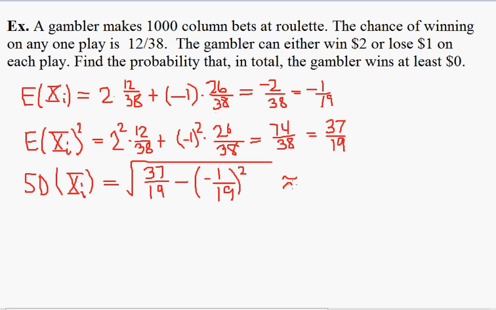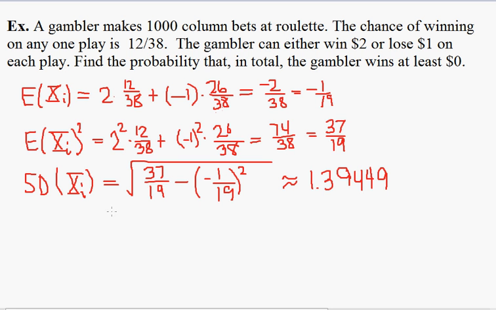So we plug that into the calculator to get an estimate of about 5 decimal places, 1.39449 to 5 decimal places.